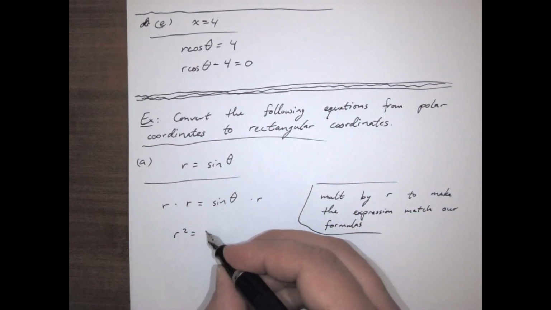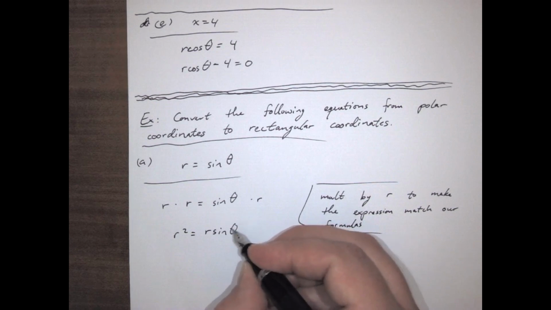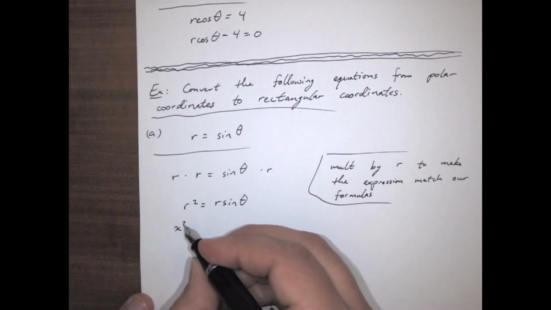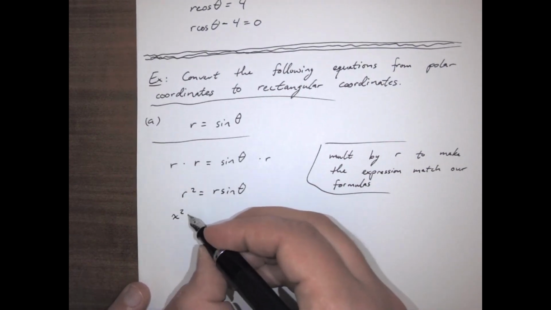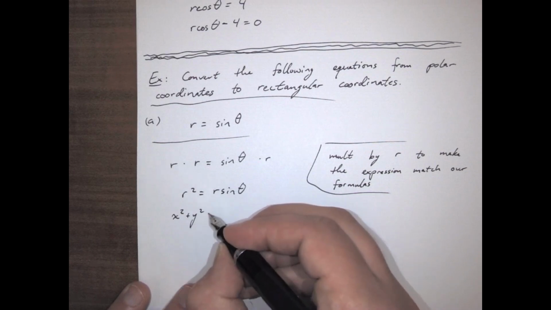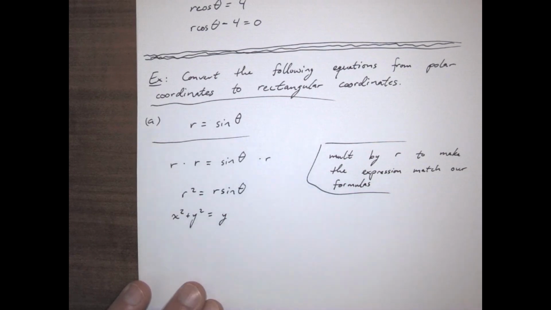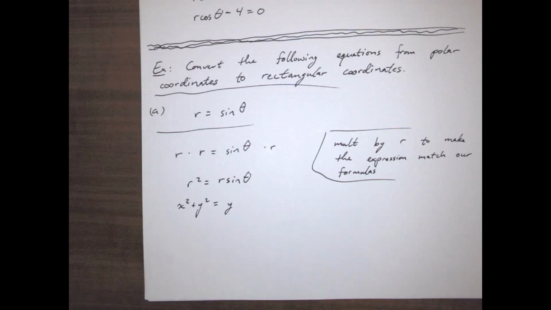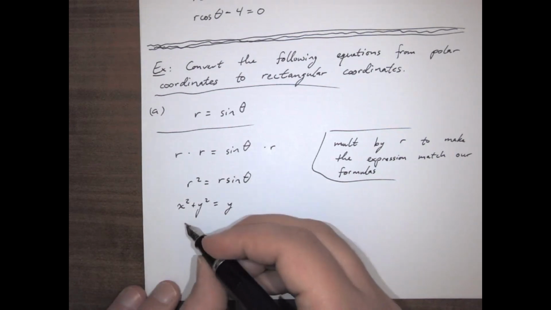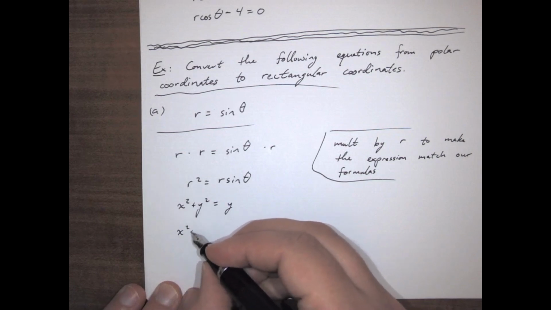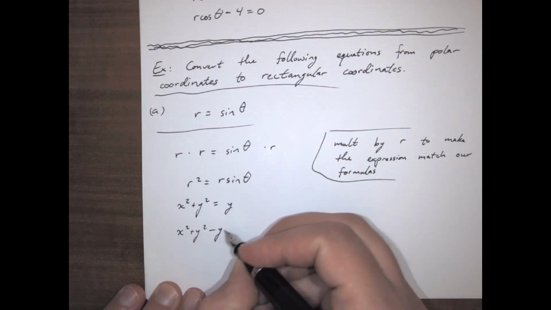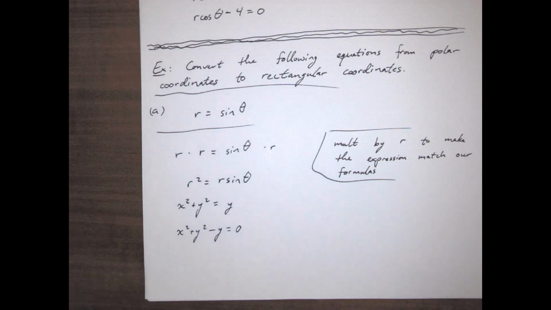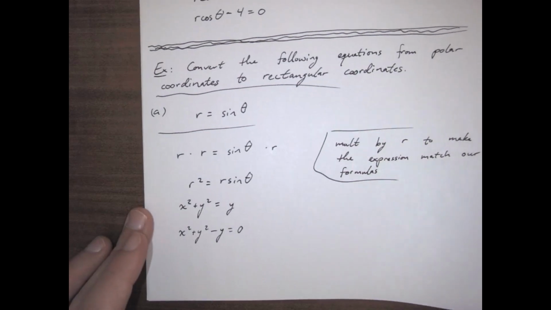R squared equals r sine theta. In other words, x squared plus y squared, so this is just the Pythagorean theorem, equals y. And then if I wanted, I could just rewrite this as x squared plus y squared minus y equals 0. Let's move everything to one side. So that's nice.